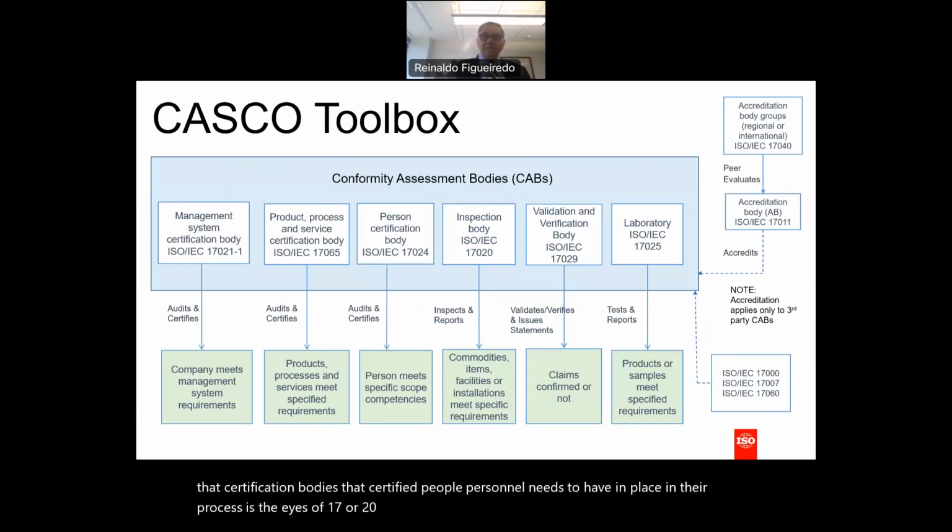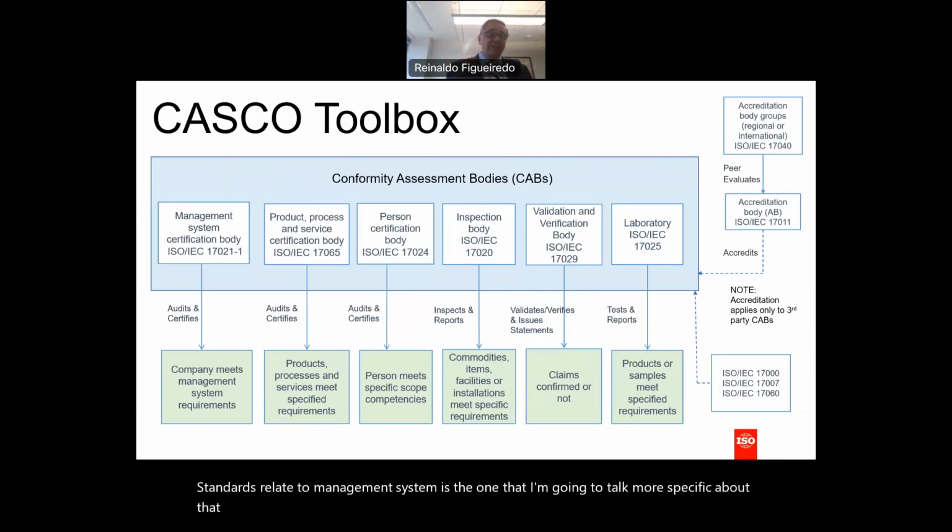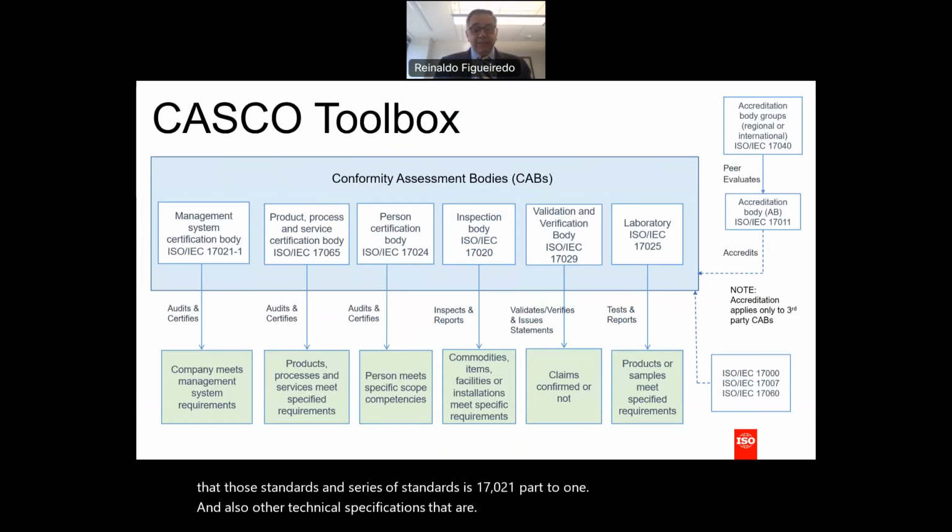The other one is for laboratories, ISO/IEC 17025. And we also have standards related to management systems, the one I'm going to talk about more specifically: ISO/IEC 17021 Part 1, and also other technical specifications that are related to this standard.